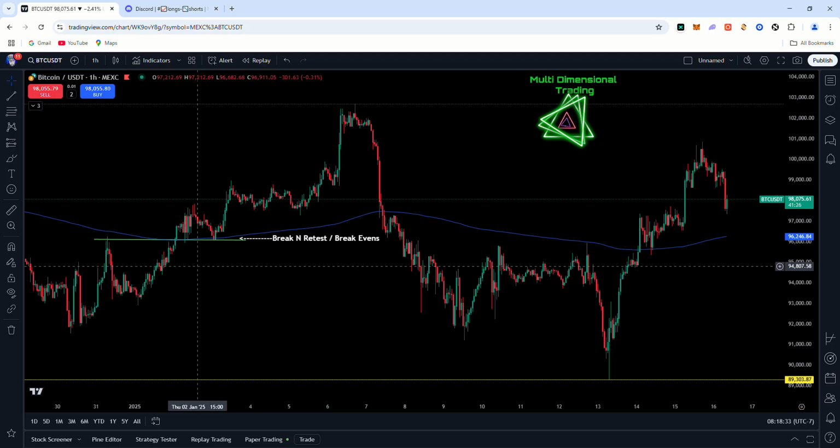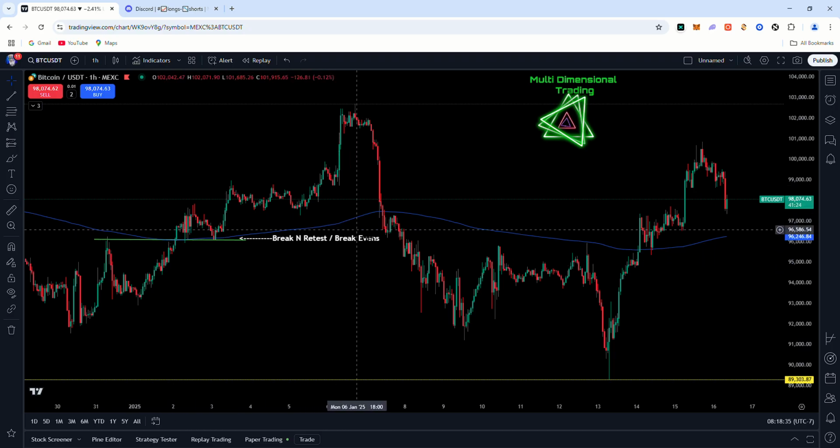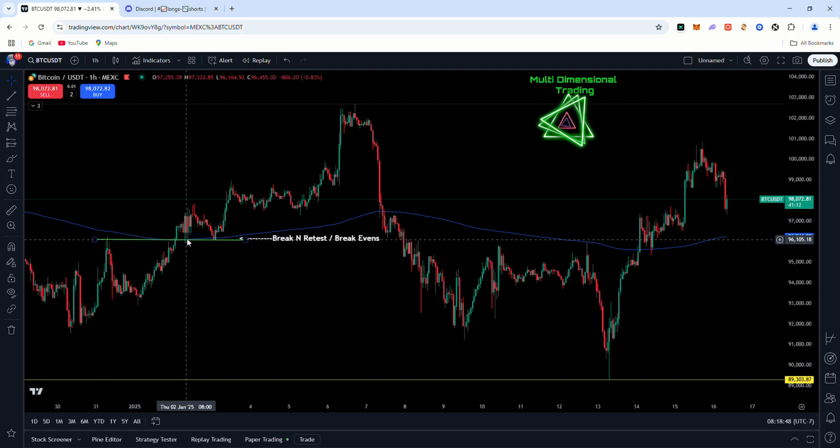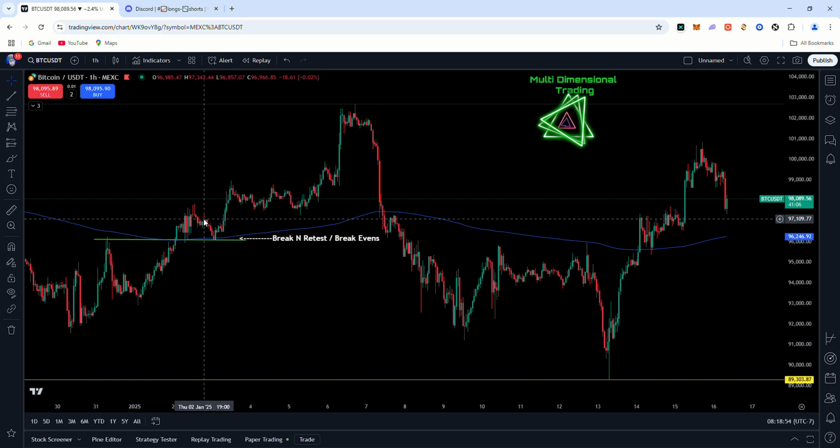Okay, it does not stop. This is a consistent calculation across all dimensions, across multiple time frames, and it's very helpful in guiding us as to which highs or which double bottoms are going to be support, or which highs are going to be resistance.